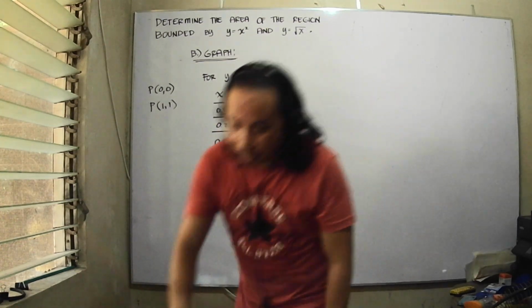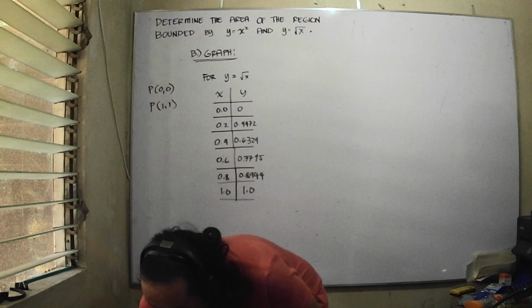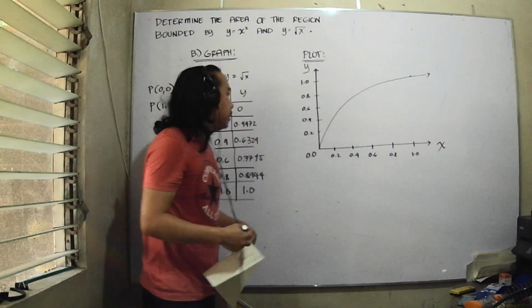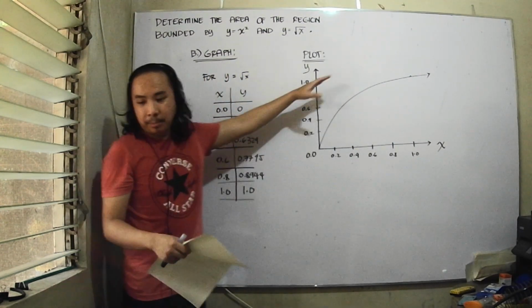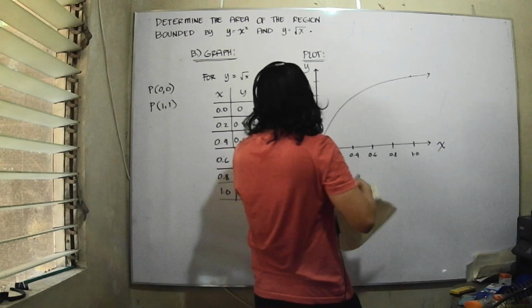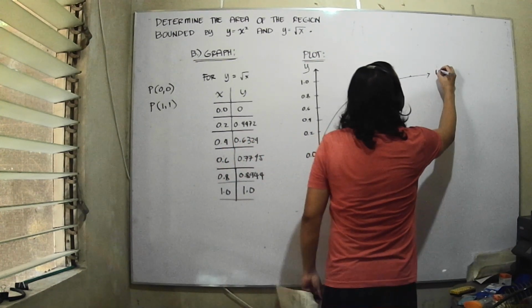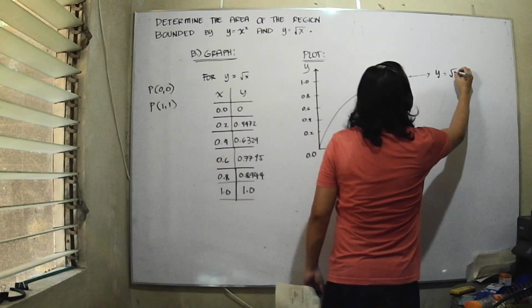Let me plot this. Okay, so this is basically the look of the plot. This is just y is equal to square root of x.